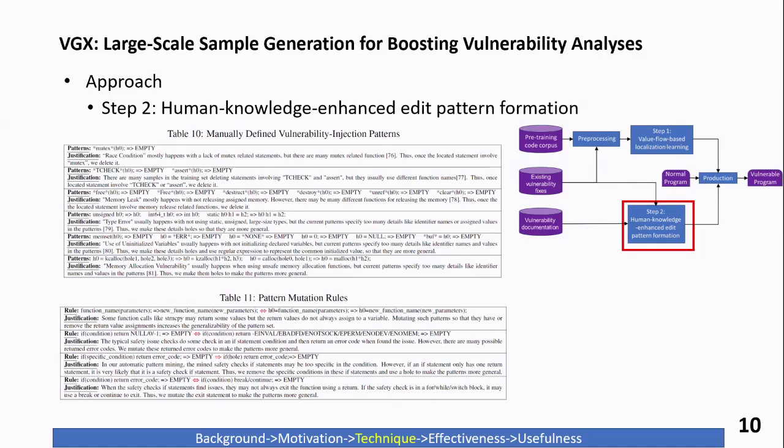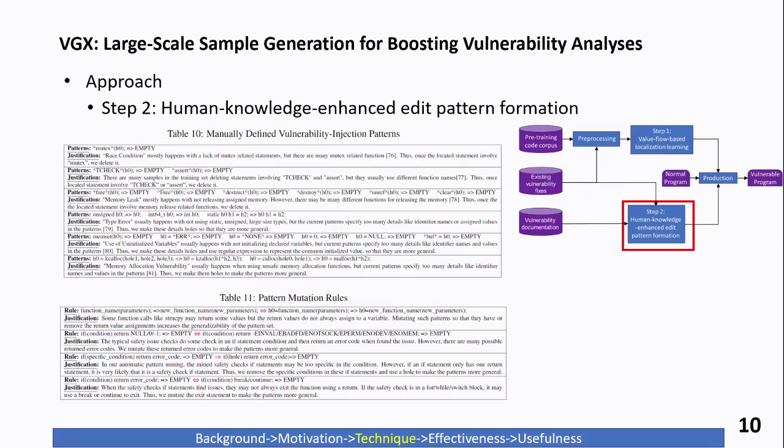The pattern basically includes, okay, this is one example of a pattern. Hopefully you can see some of this. The pattern is represented with placeholders, like wildcards, to represent the variables, but you only keep the skeleton of the code, the syntactic structure, and abstract away the concrete variable names and identifier names.